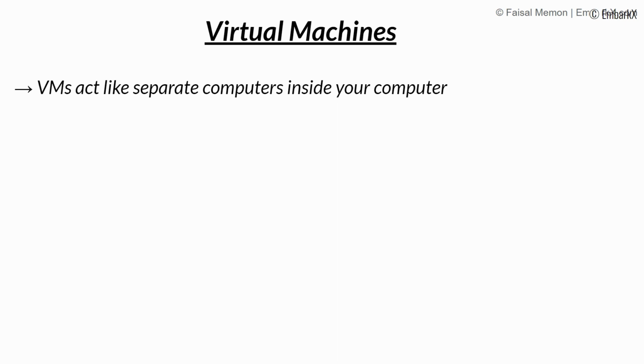So that is the problem that it solves. Without virtualization, you would have to buy a separate physical computer or delete your own host operating system to install the other operating system. But with virtualization, you can create an instance of a virtual machine on your host system.